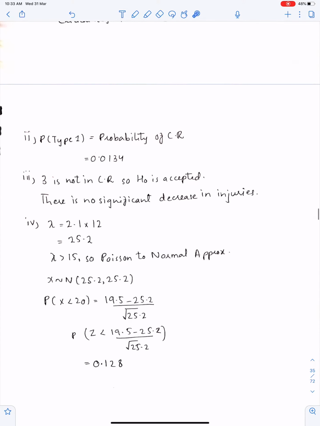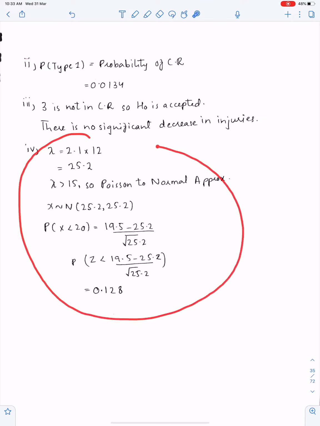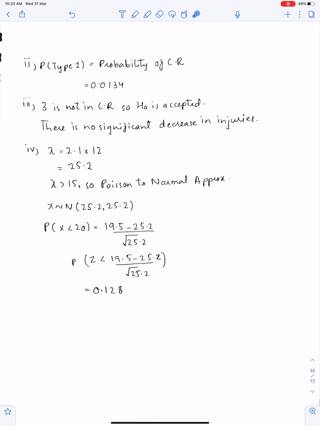So I'm leaving this part, this 41. You can just check the answer of part 4. Lambda is greater than 15, so use the normal approximation with continuity correction. And for continuity correction, always use a number line. 19, so 19.5.